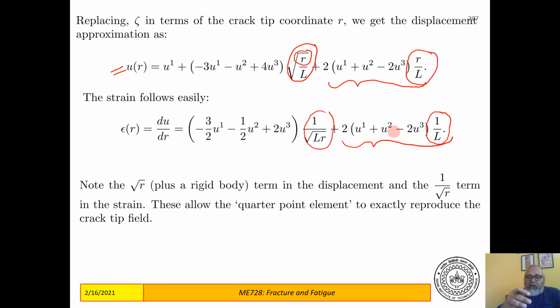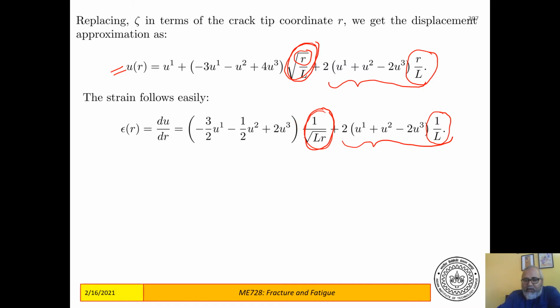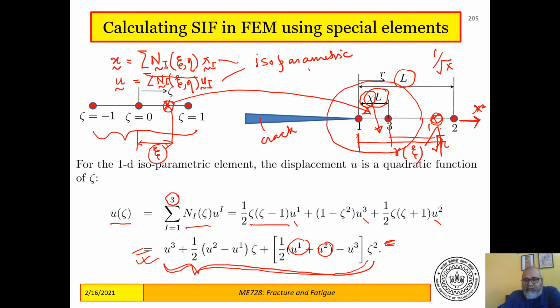Okay, but we can hope by using this element to be exactly able to reproduce the strain and displacement variations at the crack tip, because the terms necessary for the exact reproduction are already there in the interpolation.